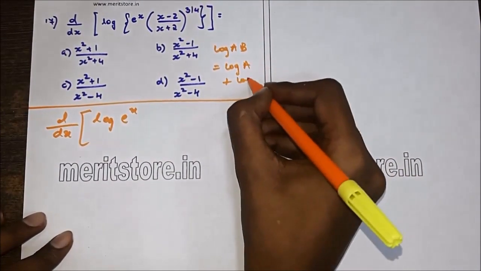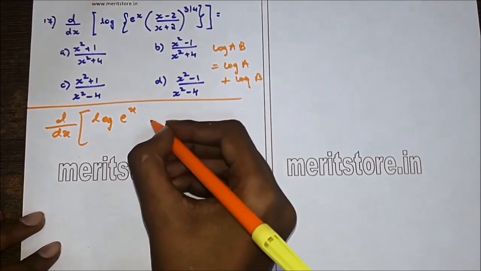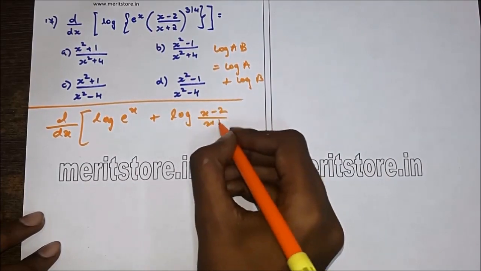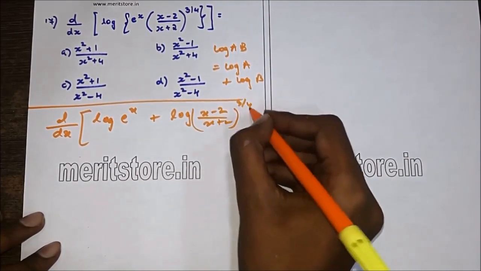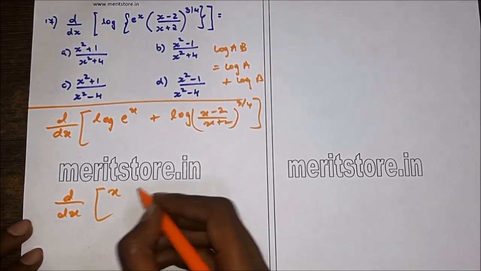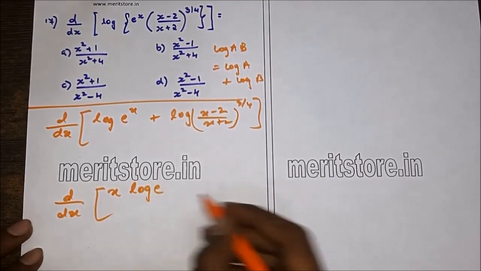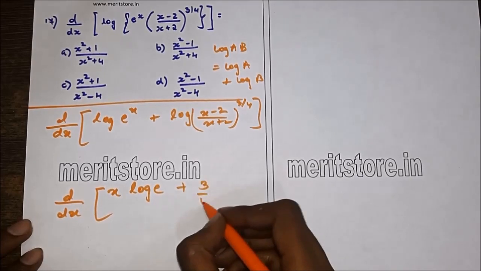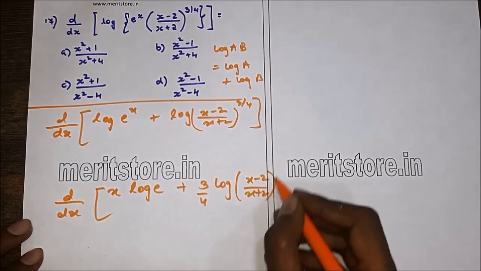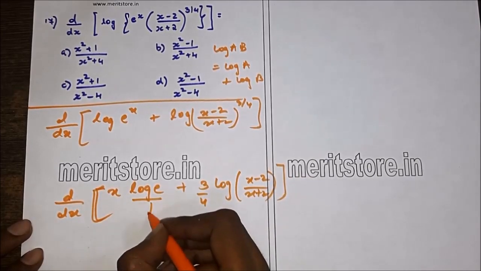So this is log e raised to x plus log of (x minus 2 upon x plus 2) raised to 3 by 4. Again using the law of logarithm, we get x times log e plus 3 by 4 into log of x minus 2 upon x plus 2. Now log e is 1.